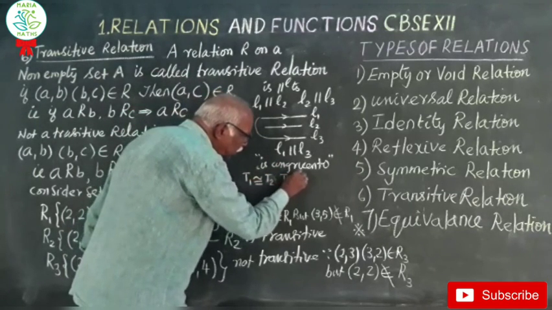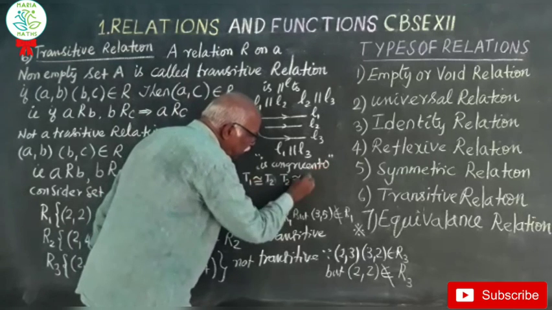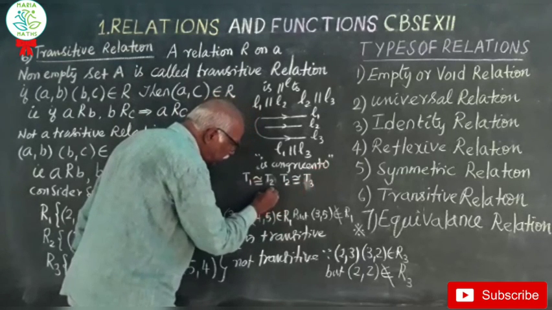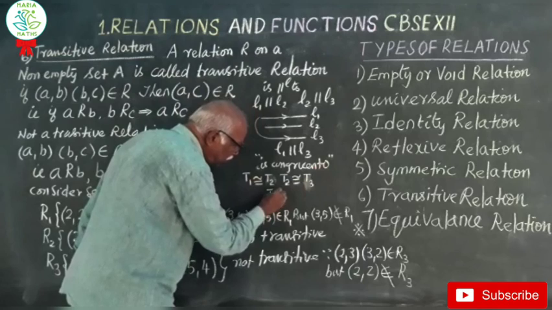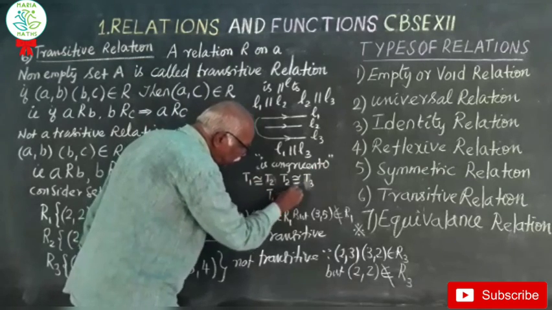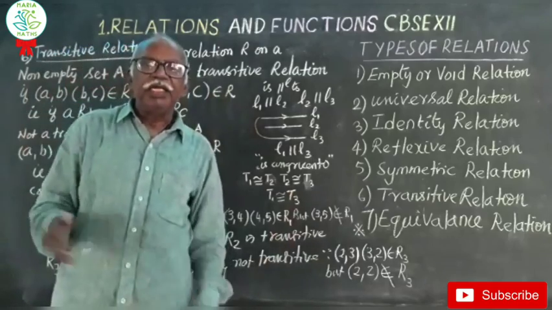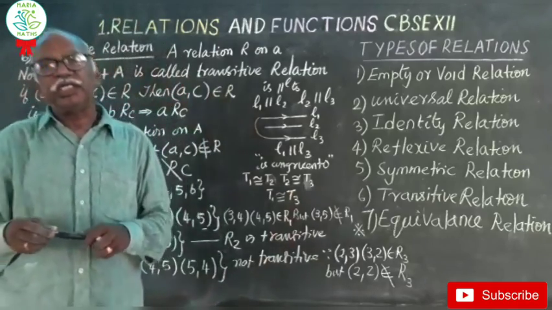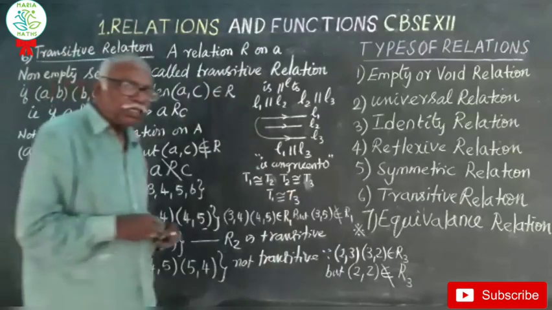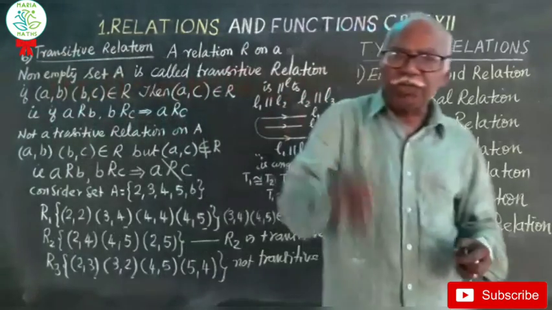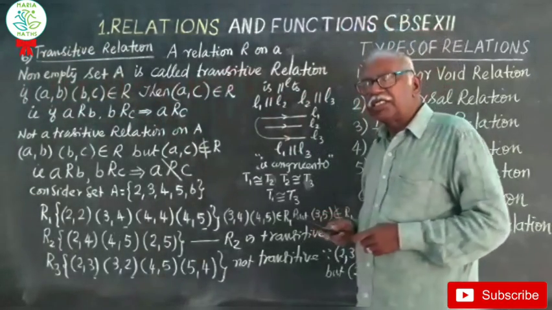Triangle 2 is congruent to triangle 3. In turn, triangle 1 is congruent to triangle 3. Therefore, in the set of triangles in a plane, "is congruent to" is a transitive relation. "Is parallel to" is also a transitive relation.